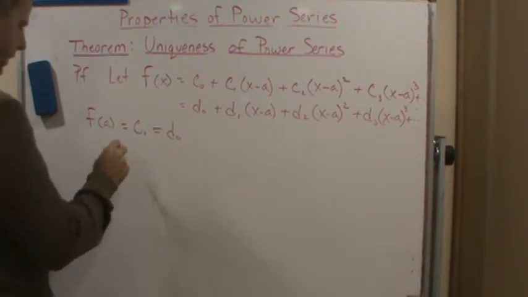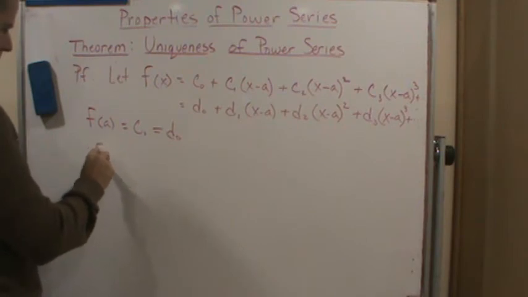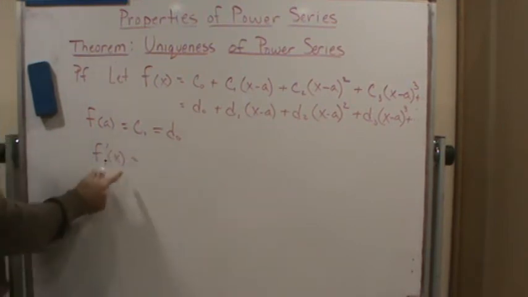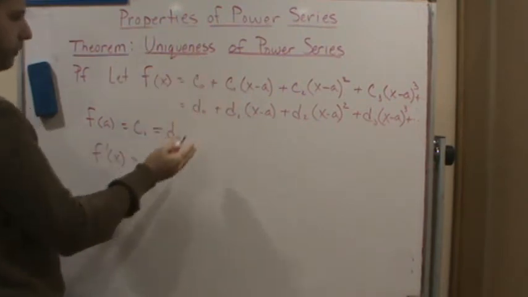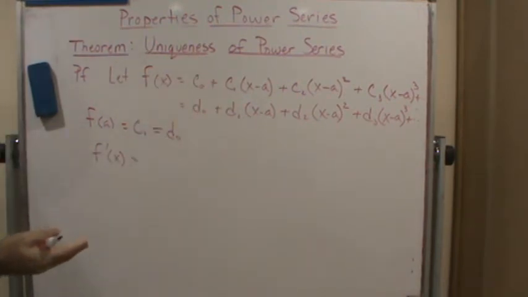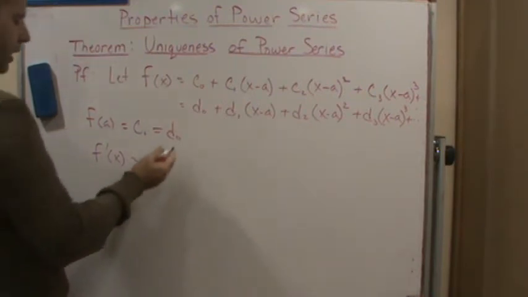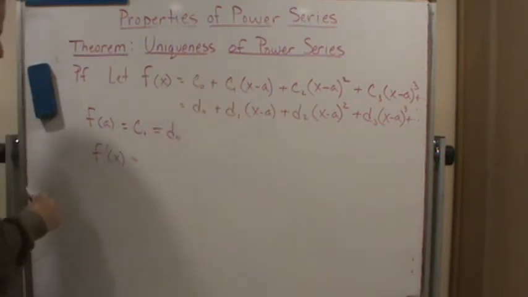Now, if I take f prime of x, the first derivative, since these are convergent power series on this interval centered at a, I can take the derivative term by term for both of these.